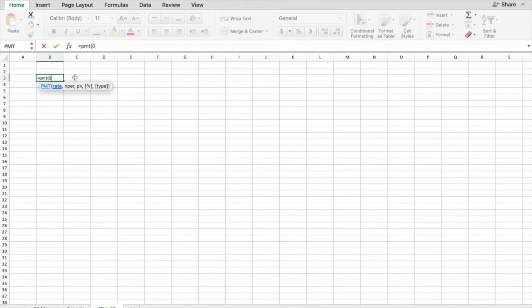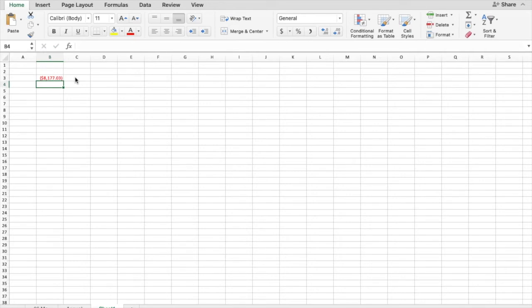Well, our annual rate is 2.49%. We put it in as a decimal. The number of periods: we are going to make these payments annually for 5 years. And then the present value of the loan, or the amount we're borrowing, is $38,000. Once I have all of that included, I can put my ending parenthesis on, and I can hit enter.